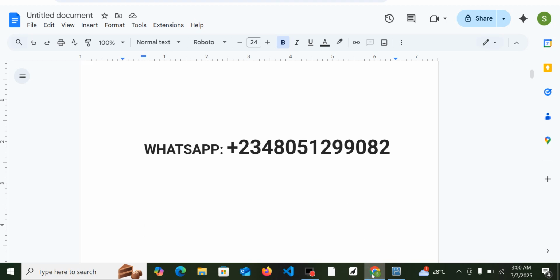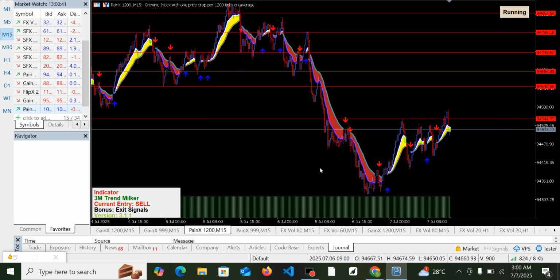Okay, so quickly, let's go straight into what we have right here. Okay, guys. So if you are on this platform, I want you to turn your chart to PainX 1200. If you are having this trading to the 3M custom made indicator, you can also have it attached to your PainX 1200. You should be seeing something like this.